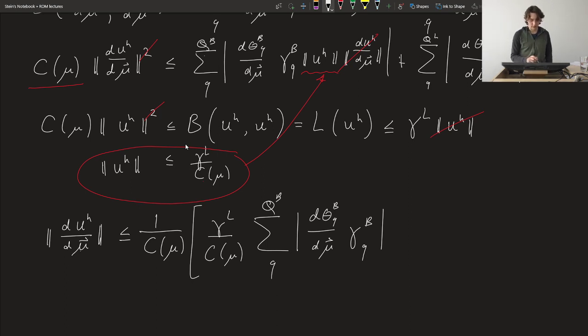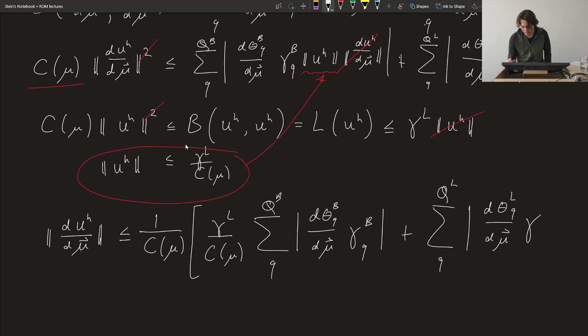I'm sure that I'm not typing anything wrong. I think that's correct. Plus the sum over my linear form affine terms, also the parameter dependence that they have, multiplied by the largest eigenvalue of that guy. And that's the expression.